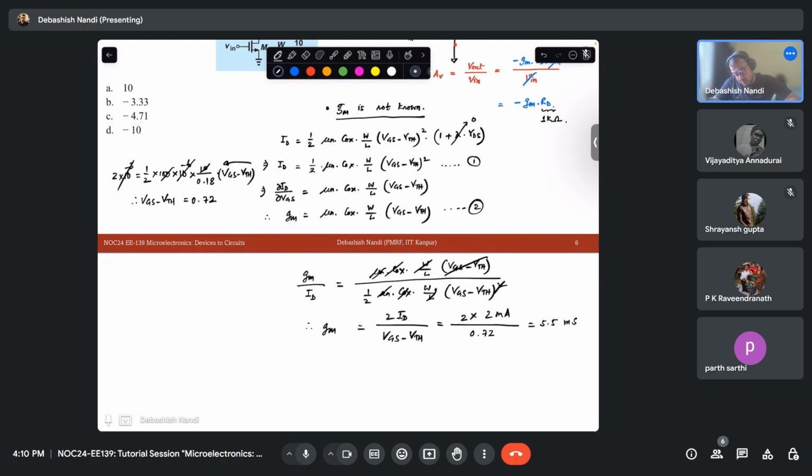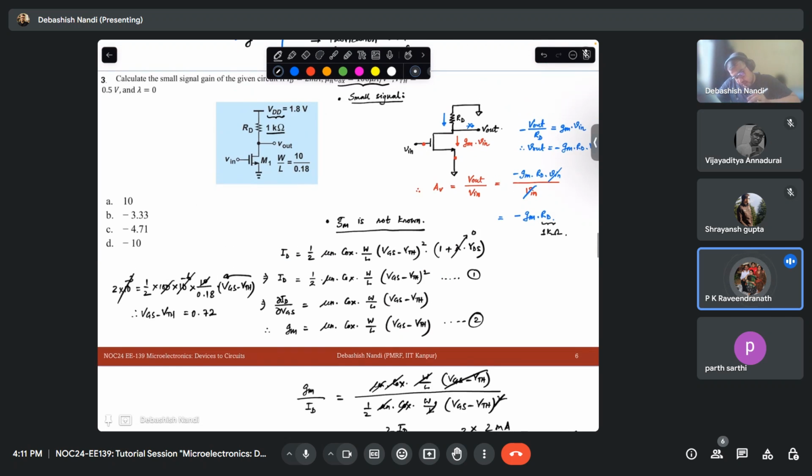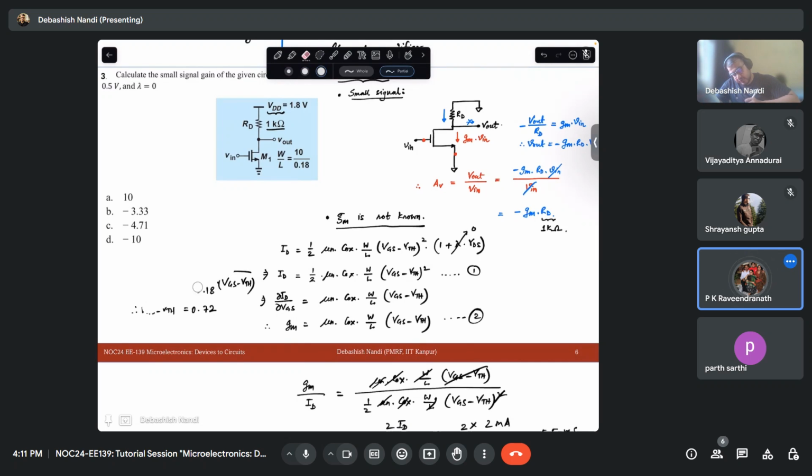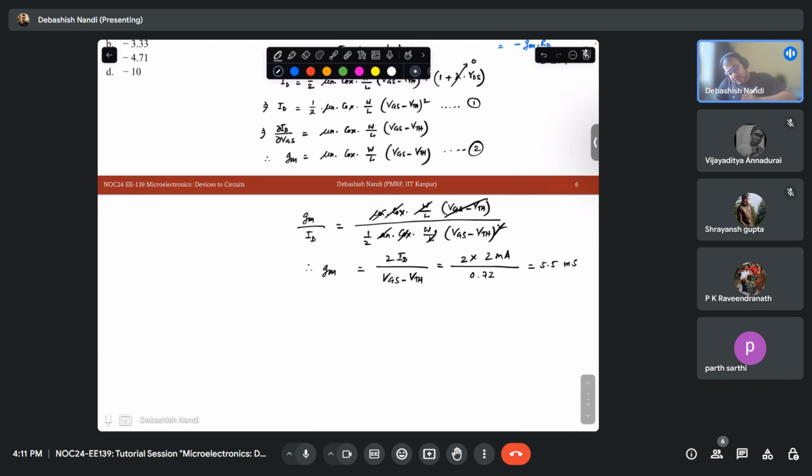So 2 milli, this is VGS minus VTH. So 4 divide... let me do it freshly. Okay, so we had this equation. From equation 1, we had ID is equal to half mu n Cox W by L VGS minus VTH whole square.